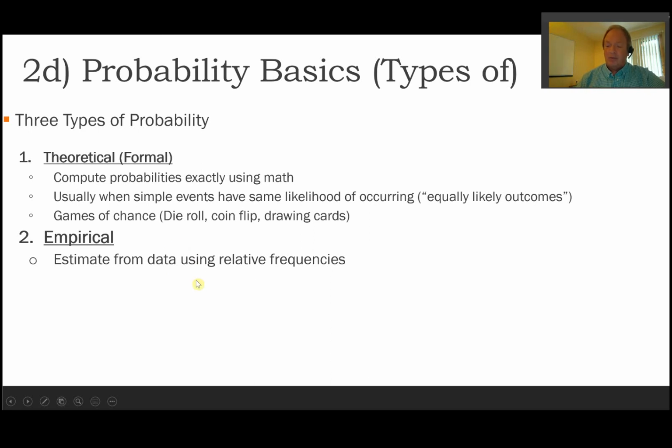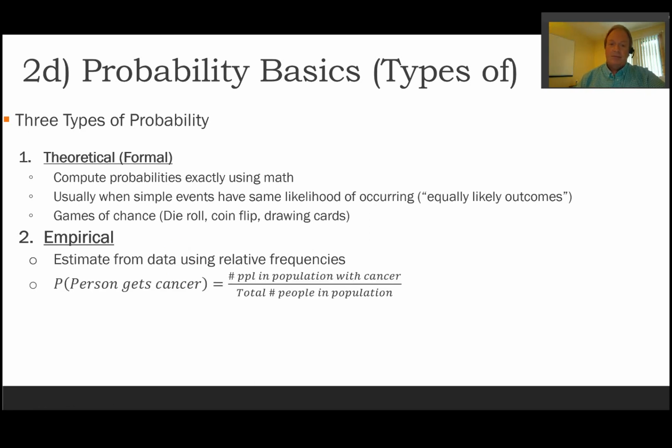How do we come up with this? Well, we estimate it from data. Okay, and the data is going to give us a relative frequency, which we talked about before. I'm going to take the number of people in my population that had cancer and divide it by the total number of people in the population. And that's an estimate that a randomly chosen person will get cancer.